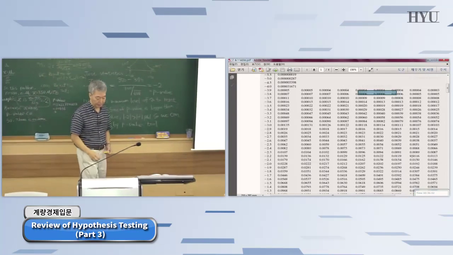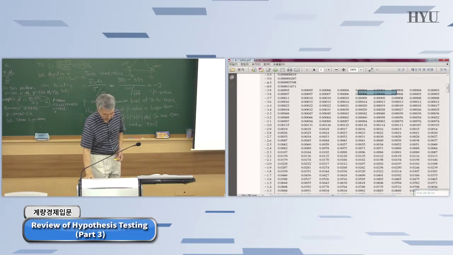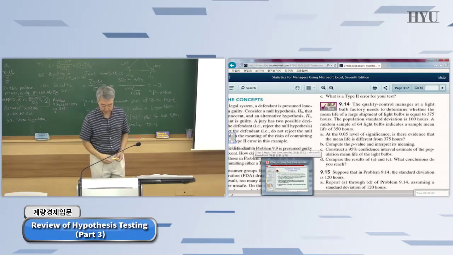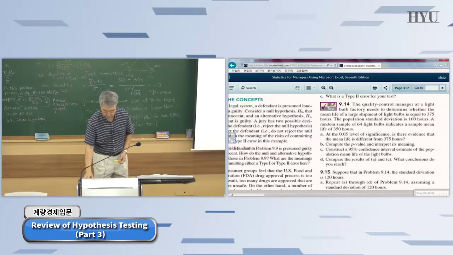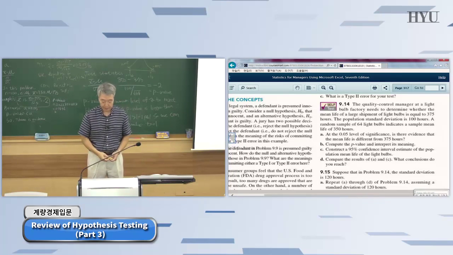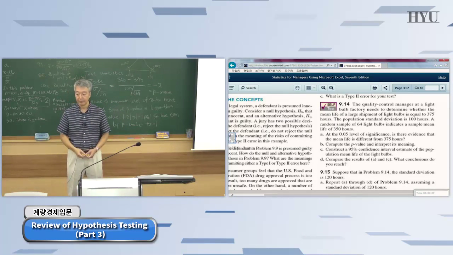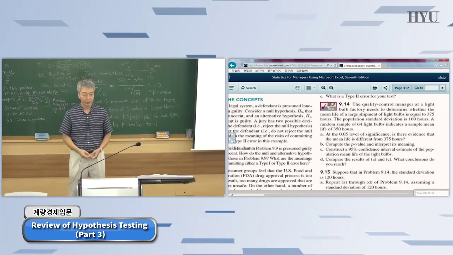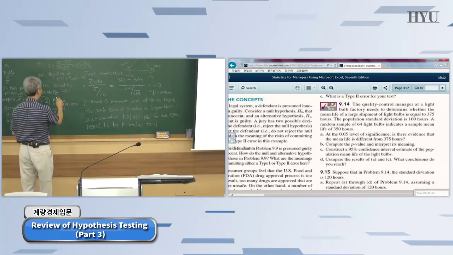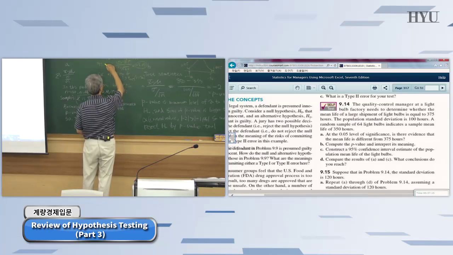Based on the context of this problem, the question asks, is there evidence that the mean life is different from 375? Well, what is your answer? Yes, because we just rejected the null hypothesis.